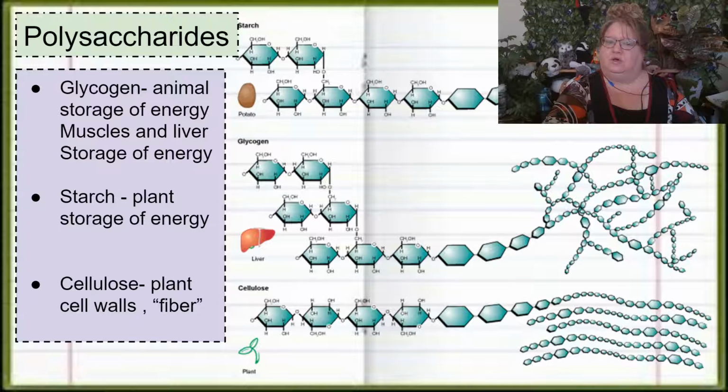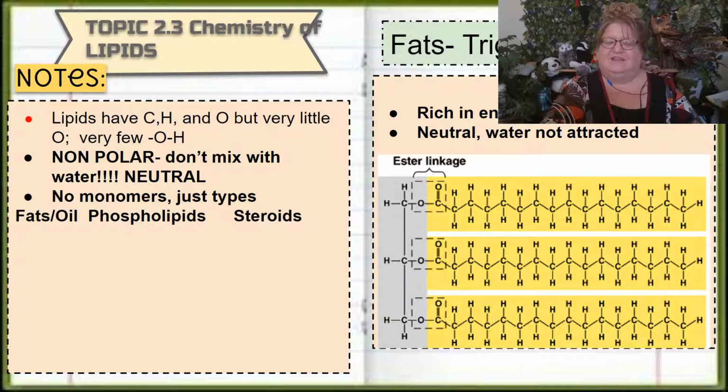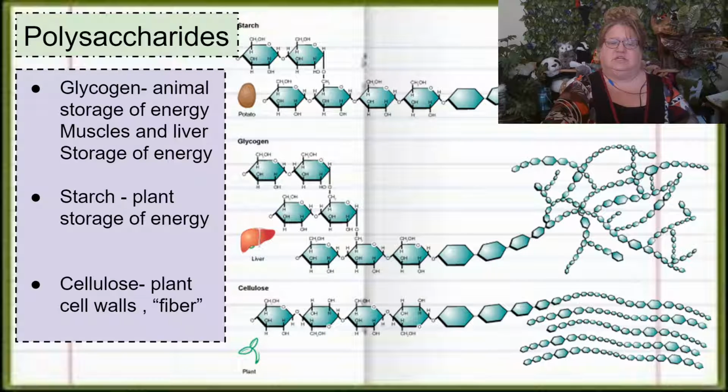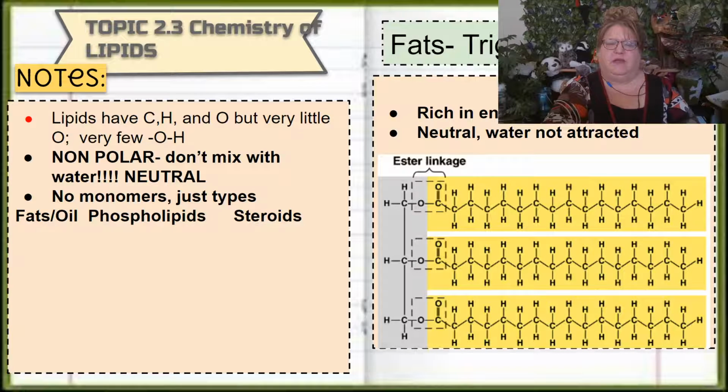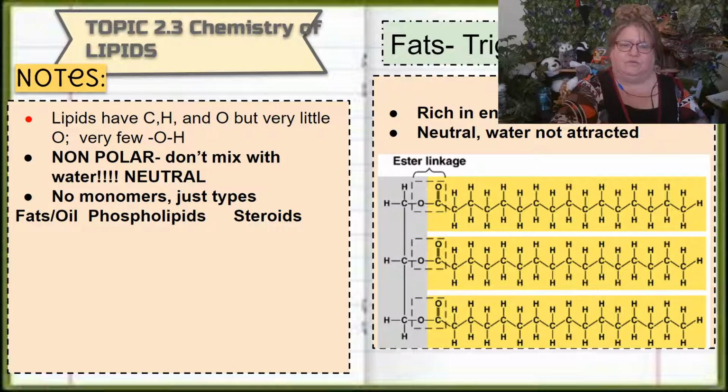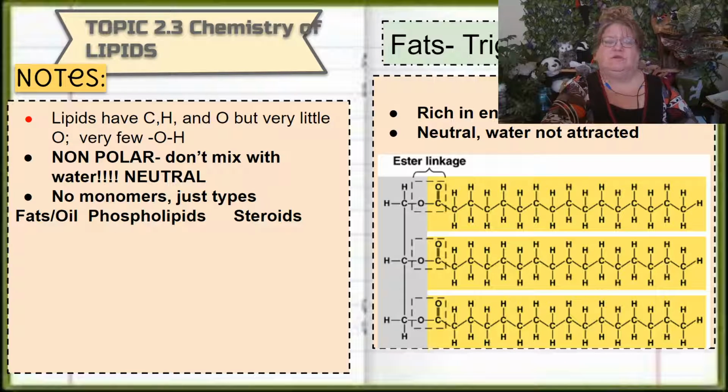The really good ones are lipids. So we're switching gears. Notice I changed the color of my background here. These are lipids. Lipids don't really have the monomer thing going on, but we do have a couple of categories we want to go over. Lipids also have carbon, hydrogen, and oxygen, but they have very little oxygen, as opposed to the carbohydrates.